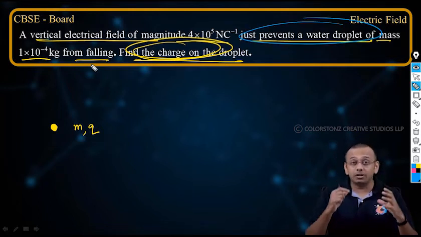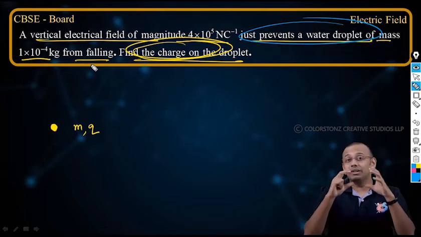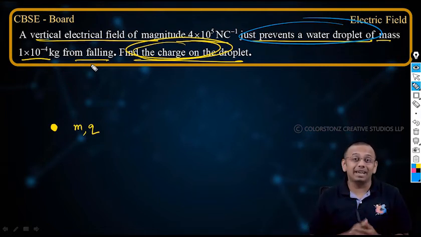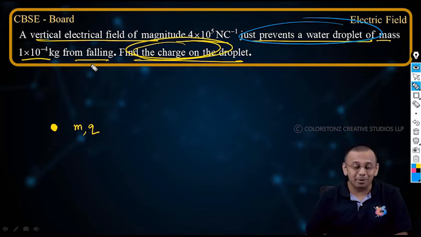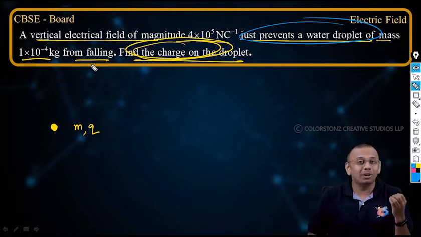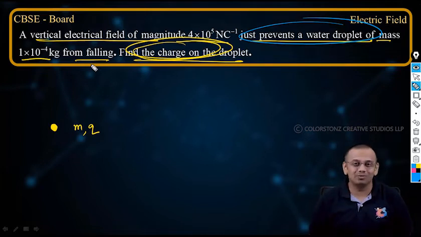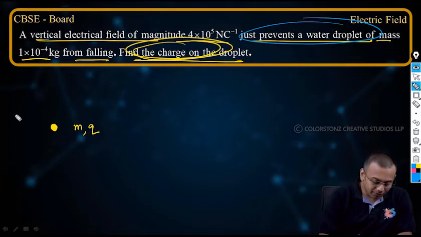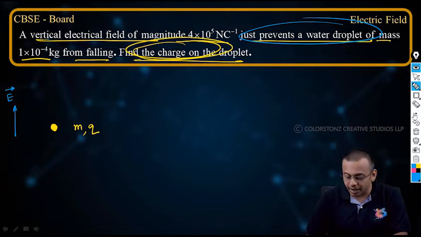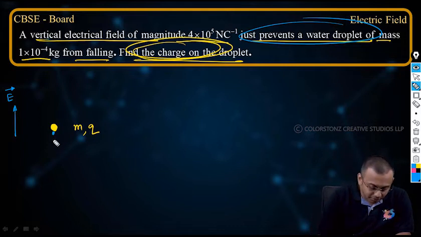That means the water droplet simply remains suspended mid-air. So how is this happening? This is happening because the electric force is balancing the gravitational force. So the electric force must be in vertically upward direction. The electric field must be in vertically upward direction so that it balances the gravitational force.